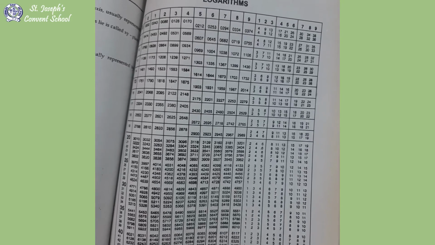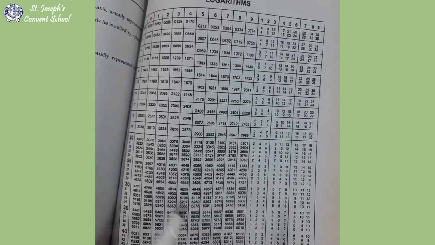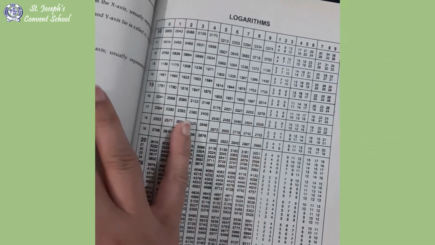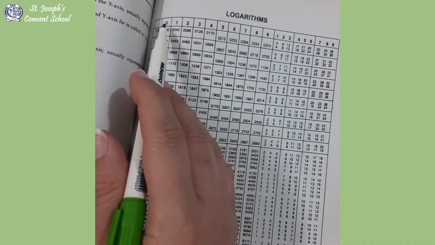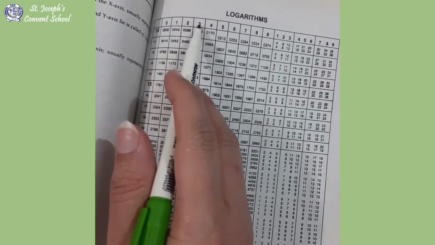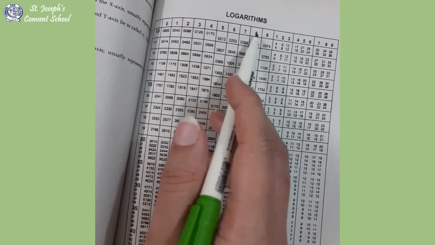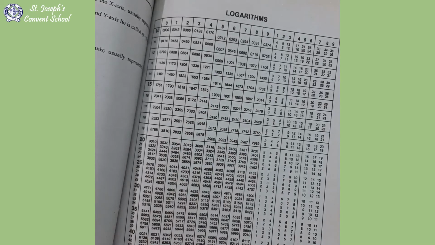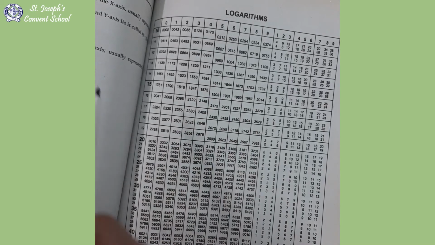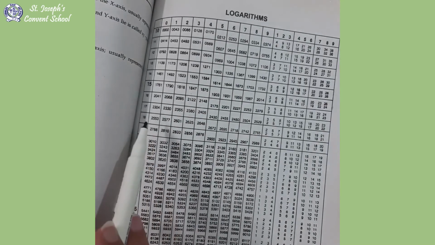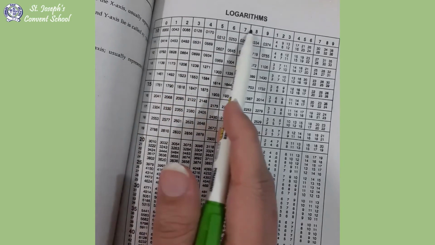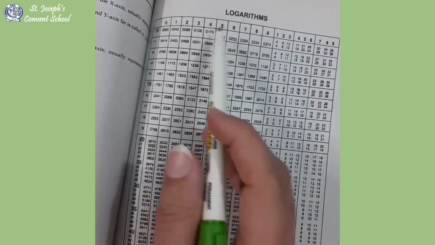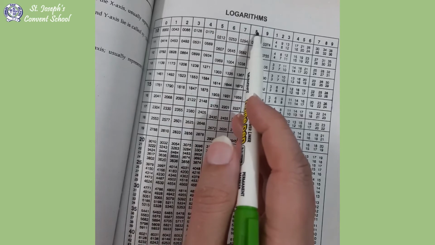You will check 8 here. You can see these values are starting from 0, 1, 2, 3, 4, 5, 6, 7, 8. 8 is here. So the first two digits are in the first column, and the third digit in this row.